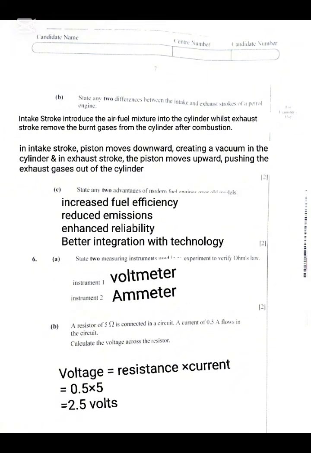Voltage is equal to resistance times current. And then for the 2nd mark, you need to carry out the calculation. 0.5 times 5, we are going to get 2.5. And then the last mark is on the correct answer and also correct units. So you need to say the correct answer is 2.5 volts.